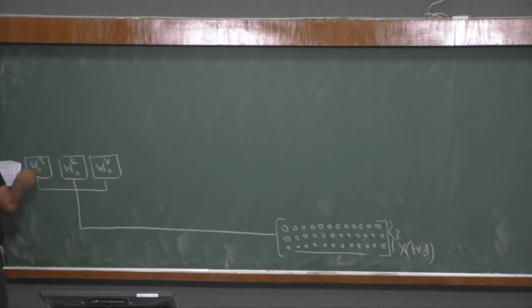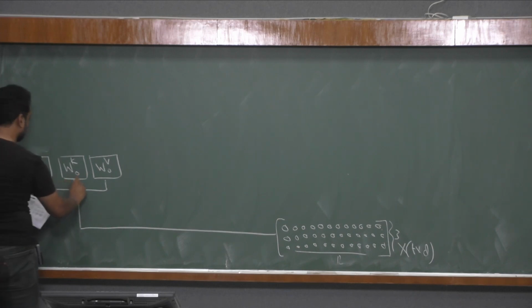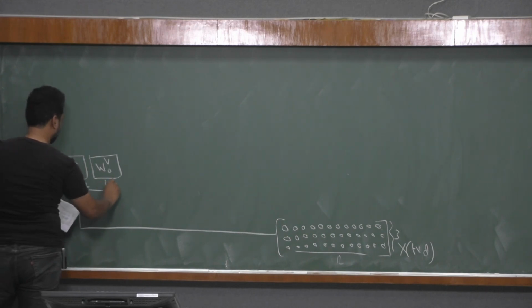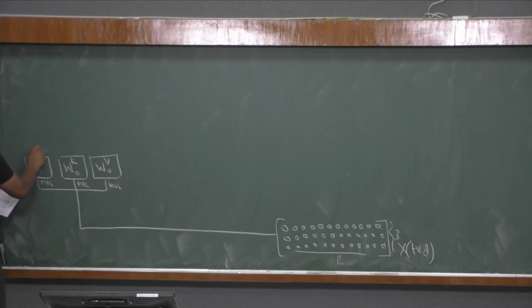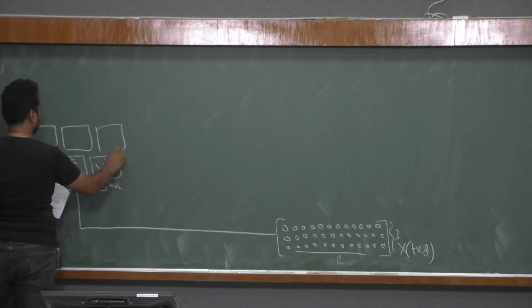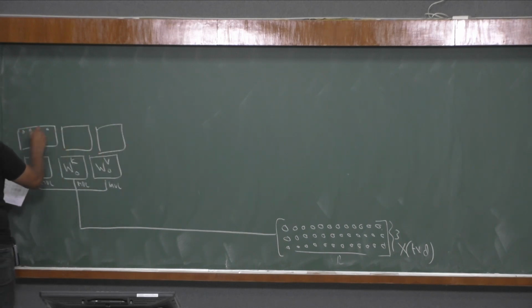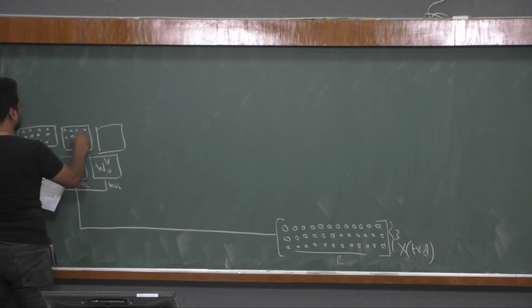Then we have multiplication of these. After multiplying W_Q with each of the X, these are the multiplications, and after doing this, this is what I get.